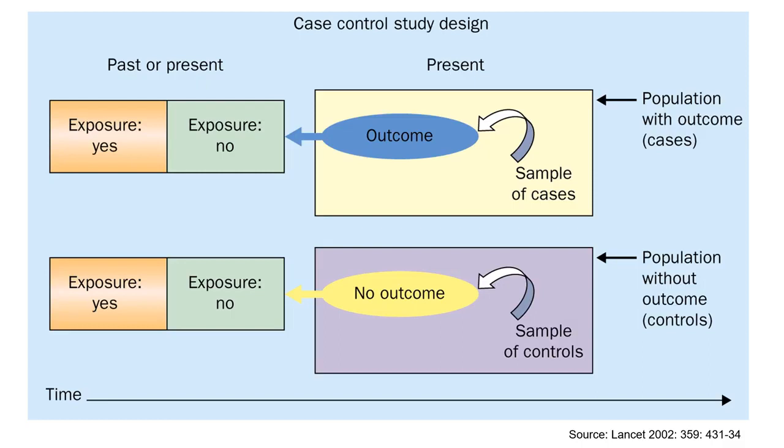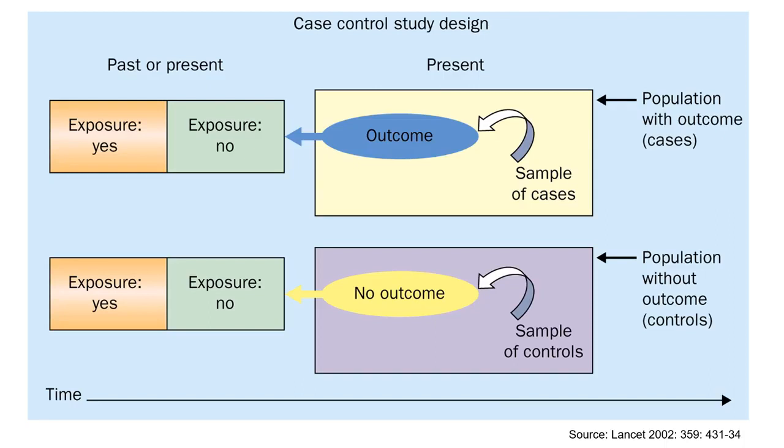If you look at the yellow box on the top right end, you can see that we are identifying a sample of cases, and we are at the present time. Cases have the outcome of interest, and then we look back to the past, and we try to identify among those cases who had the exposure of interest in the past.